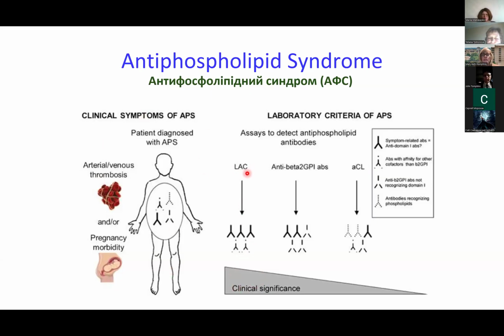So the lupus anticoagulant is the worst antibody to have. Then there's anti-beta 2 glycoprotein antibodies, and they're kind of intermediate. And then there's anti-cardiolipin antibodies that still can cause these symptoms, but do so at a lesser rate.